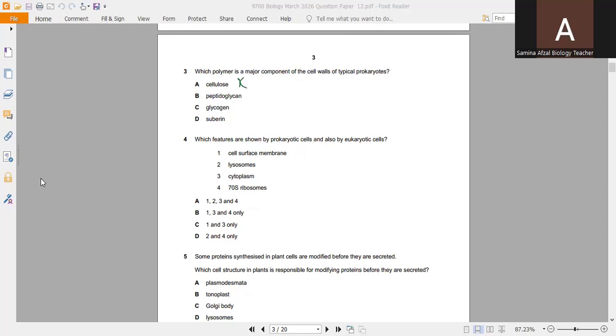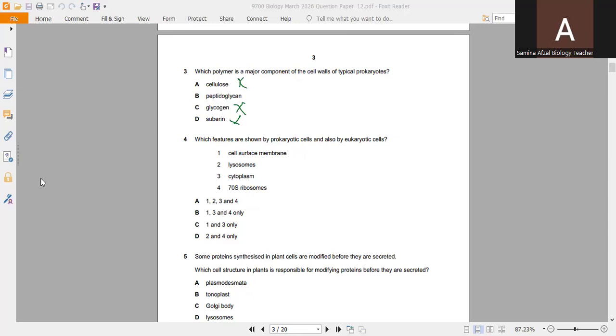Glycogen is a storage carbohydrate in animals and fungi, so this is not correct either. Suberin is a waterproofing polymer found in certain plant tissues like the Casparian strips, so this is also not correct.